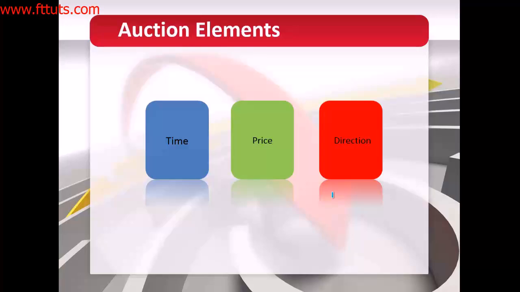So one auction within another could have completely different direction in terms of the movement, and we will talk about that. And that's why it is very important to understand each of these independent elements when it comes to the auction.